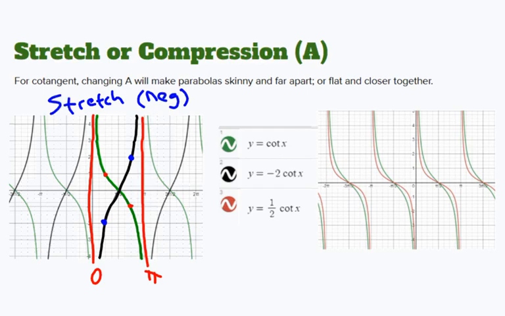The next one, both are going to be negative slopes. We're going to start with the negative slope of the green graph. And then we look at, what did we do? We compressed. This is a compression, which means they call it flatter or closer together.